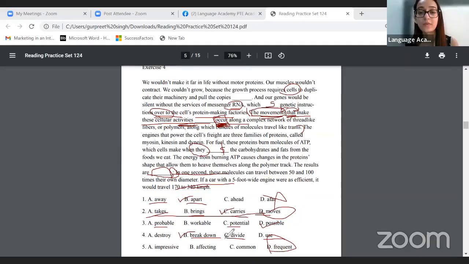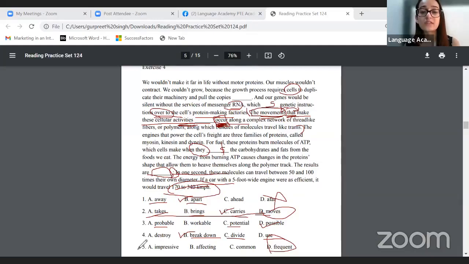Repetition should be infrequent. And they say in 1 second, these molecules can travel between 50 and 100 times their own diameter. If a car with a 5-foot wide engine were as efficient, it would travel 170 to 340 kilometers per hour.